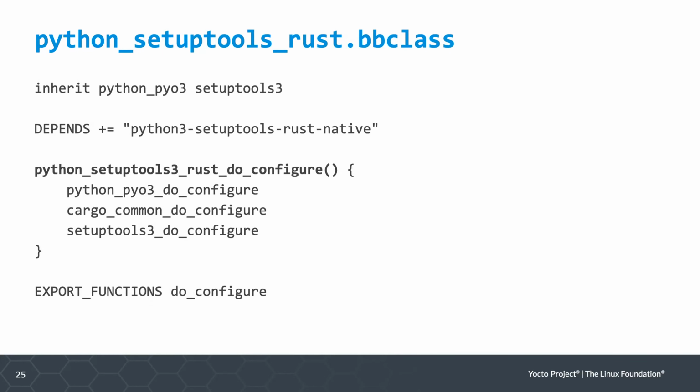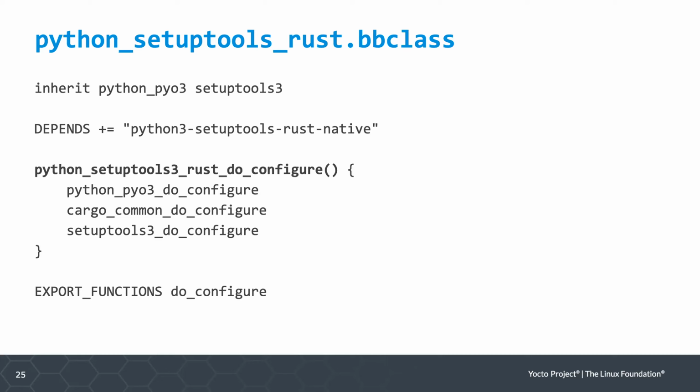So then the python_setuptools_rust class inherits from pyo3, but it also inherits the somewhat legacy setuptools3 method. So right now that means this is building the old style eggs, not wheels. That's something we'll have to figure out as things mature. And it has a do_configure method, which maybe you haven't seen this or haven't realized that this needs to happen sometimes, but we actually need to call multiple different classes' do_configure in order to have everything happen.